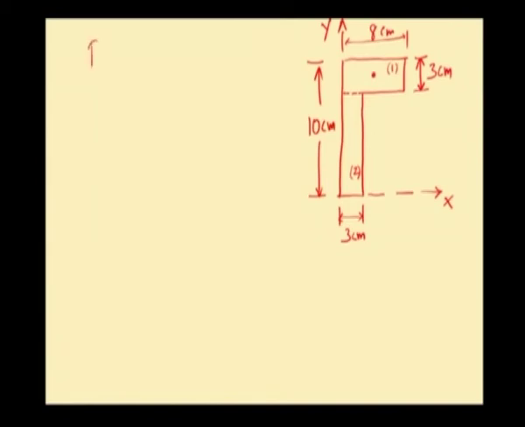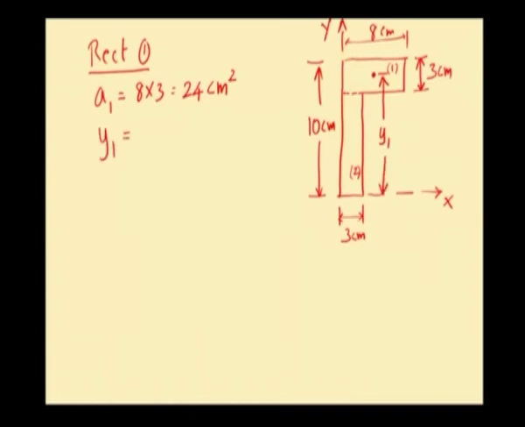Now, we shall consider the first rectangle. Area of the first rectangle will be 8 into 3, which will be 24 centimeter square. The y coordinate of CG of rectangle 1 from x axis will be y1. So, this distance will be y1.